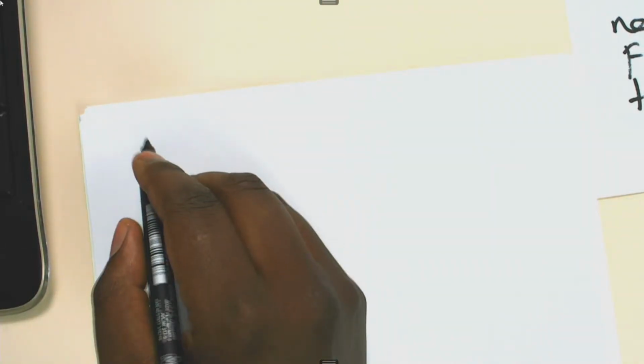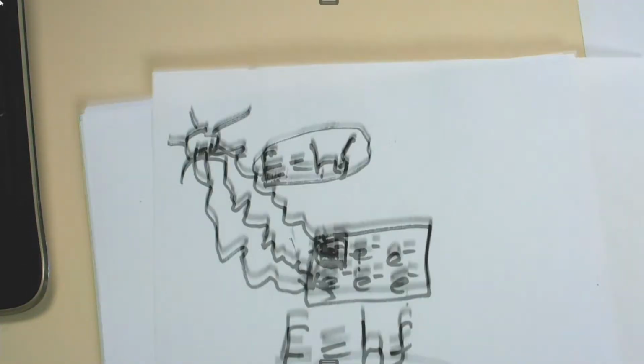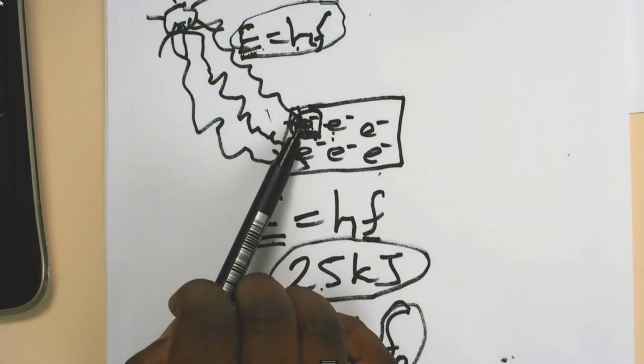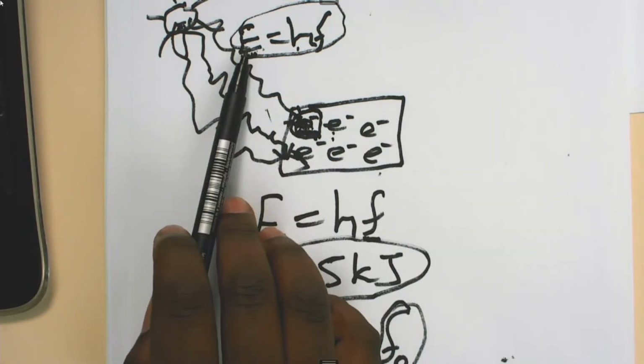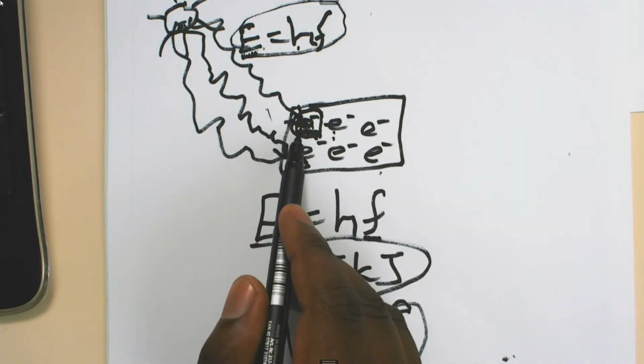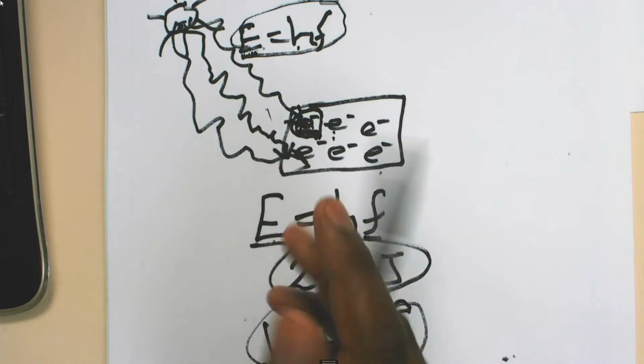Now, because this energy of the photon, once it hits an electron, all of the energy of the photon will be transferred into the electron. Meaning an electron will now have what we said here.